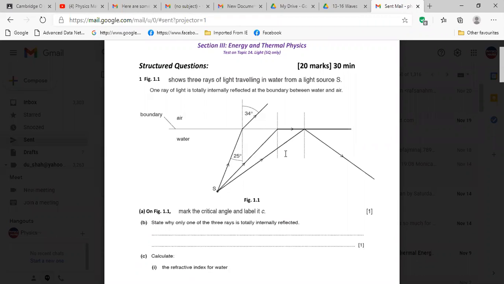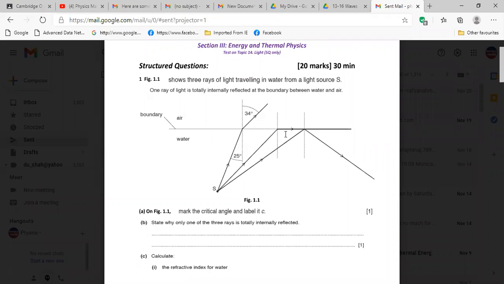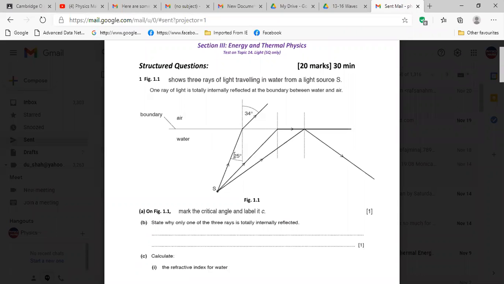Yes, sir. But one is totally internally reflected. The other two are not. So why is it totally internally reflected? All of them are going from denser to rarer medium. It is true for all of them, but this one is not reflected, right? This one is refracted, isn't it? Yes, sir. So what should be your answer?